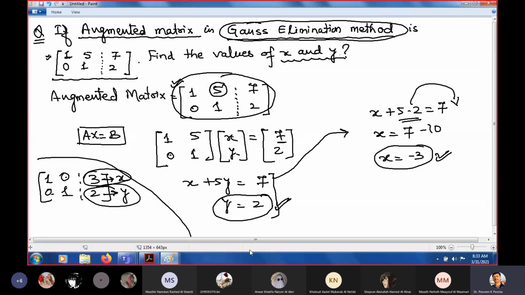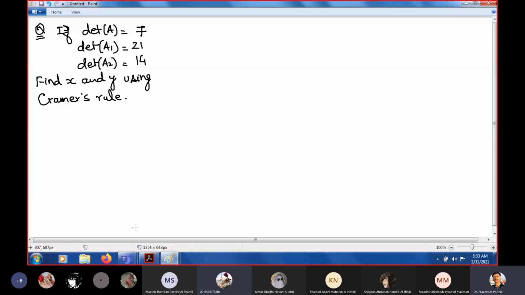Clear? Okay. Now the last question, for the set of equations. It is based on the Cramer rule. If you remember, what is the Cramer rule?